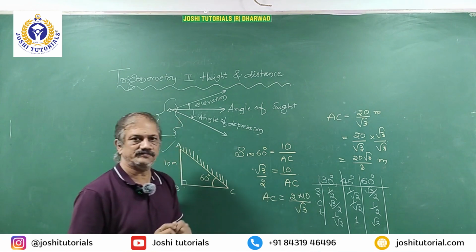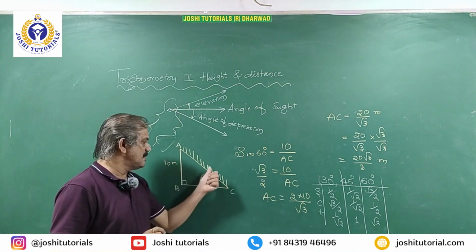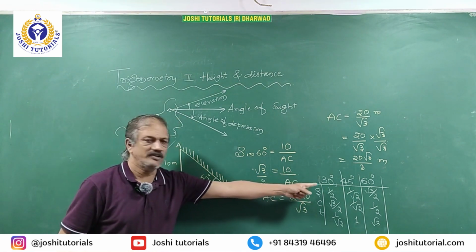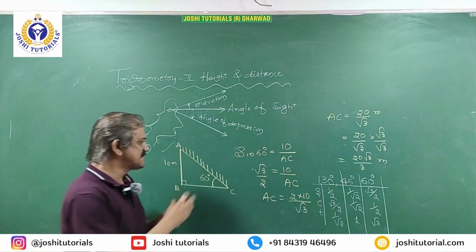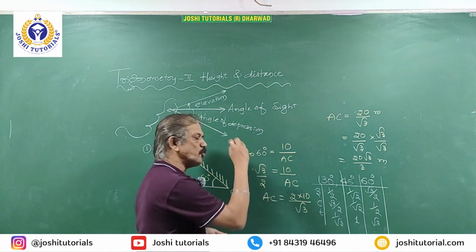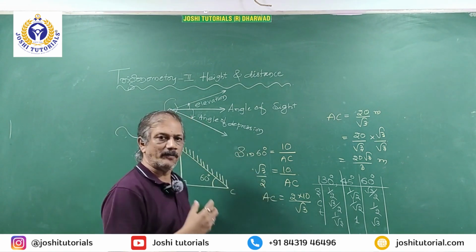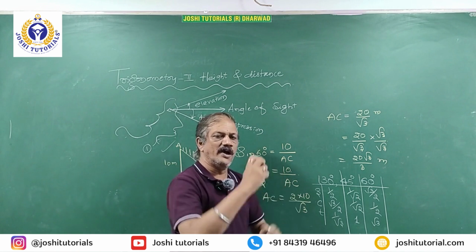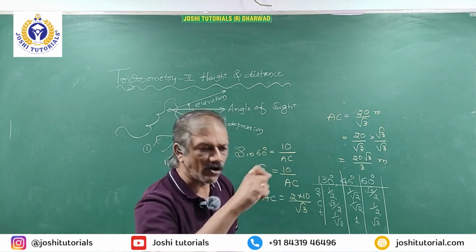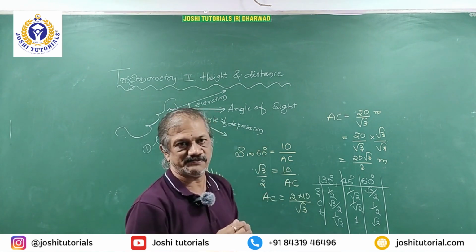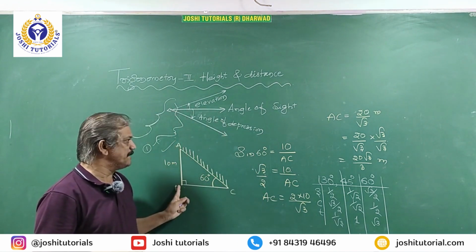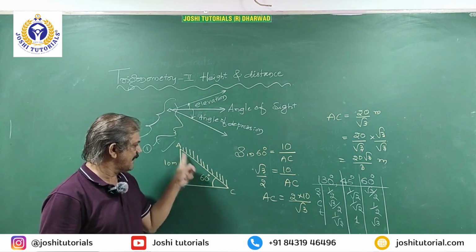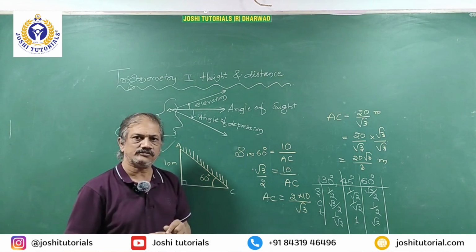Don't use cos. Opposite is given, hypotenuse is asked. You can use sine. So I have written sine. Maximum problems, usually we use tan. Somewhere else we are going to use sine or cos. It depends. Now sine 60 is opposite AB 10 meter and hypotenuse AC.